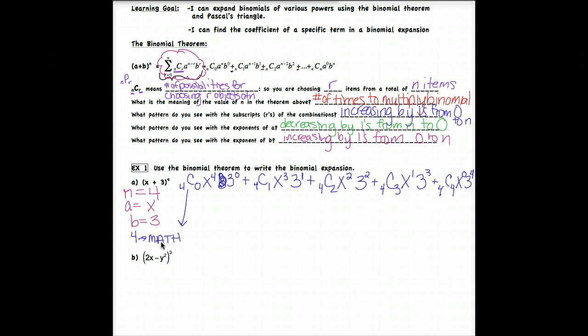When you hit the math key, remember there's a whole menu at the top. You're going to scroll over until you're on the PRB. That stands for probability. So use your right arrow key to scroll over till the PRB is highlighted.